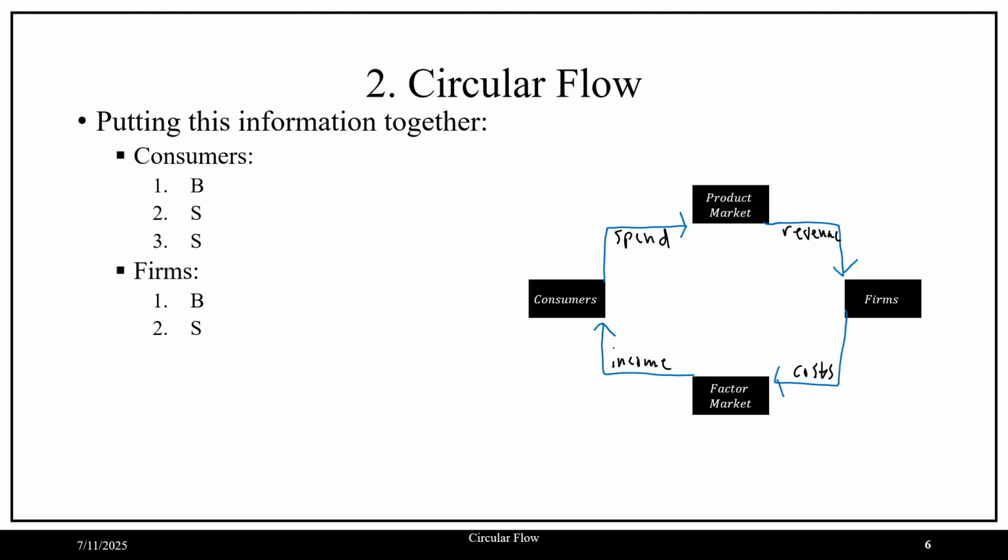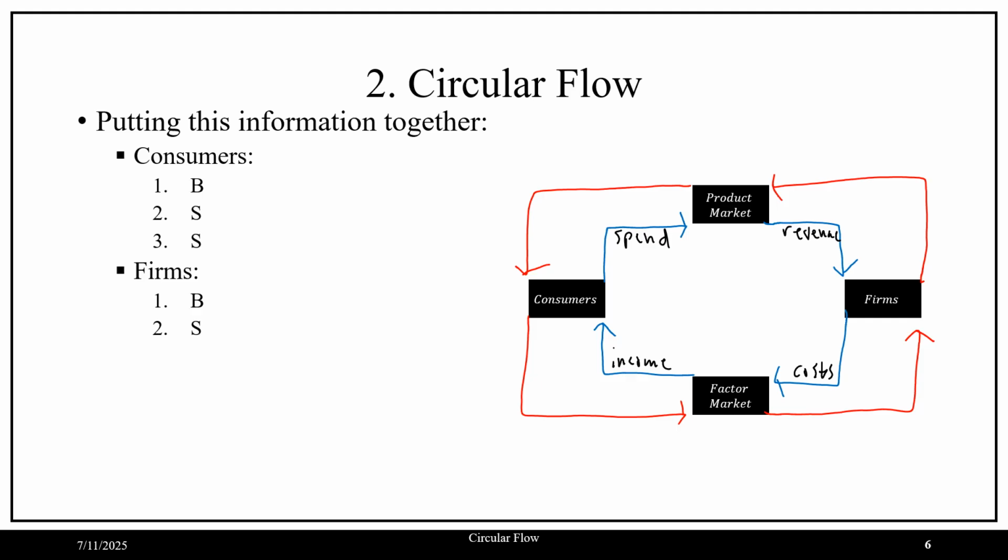So from consumers, I'm now going to draw an arrow from consumer to factor market. In order to earn that income, we sell a portion of our day in the form of labor. That labor is then used by businesses to produce the very same goods and services that we see at our favorite stores, where those very same goods and services are then purchased by us, the consumer.